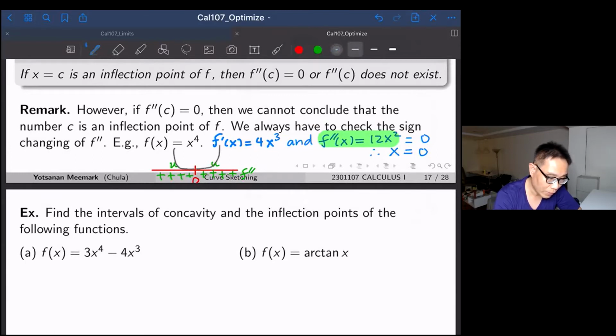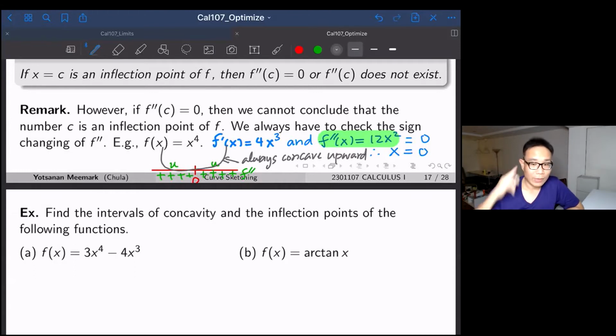It's not a parabola, but it's like a parabola. You get a U-shaped graph like this, and it's always concave up. So that's all.